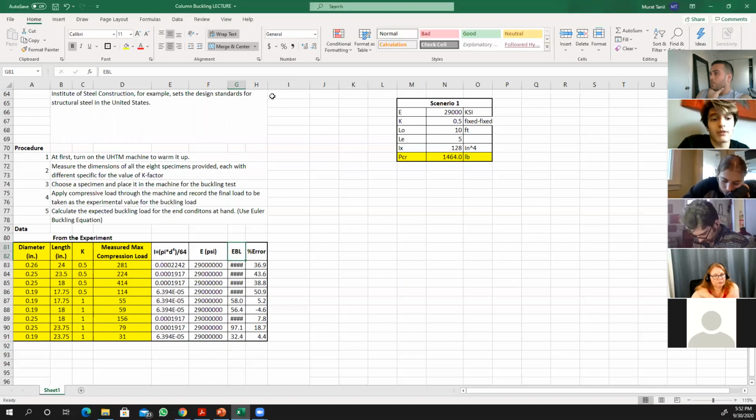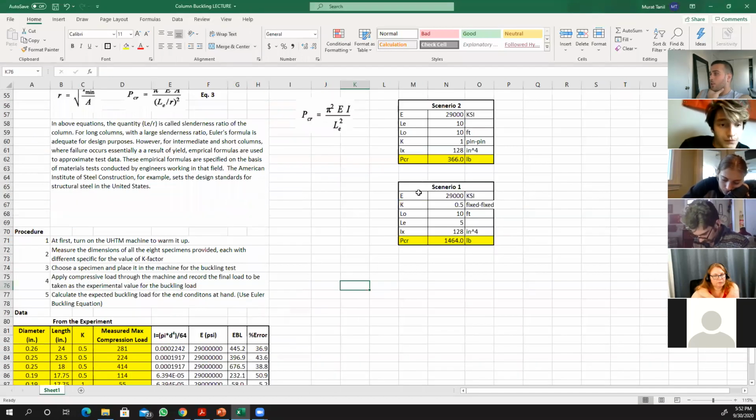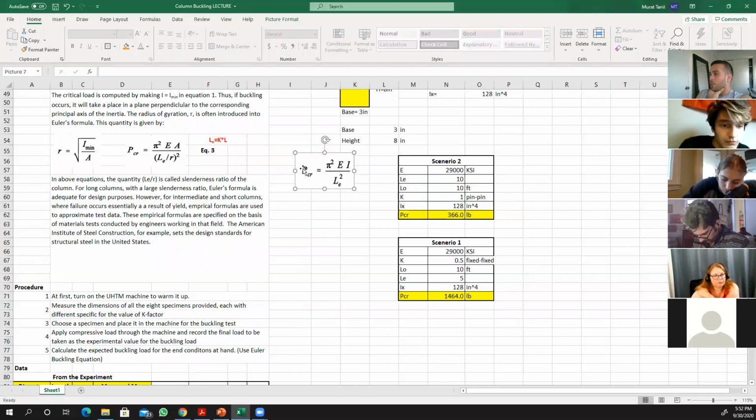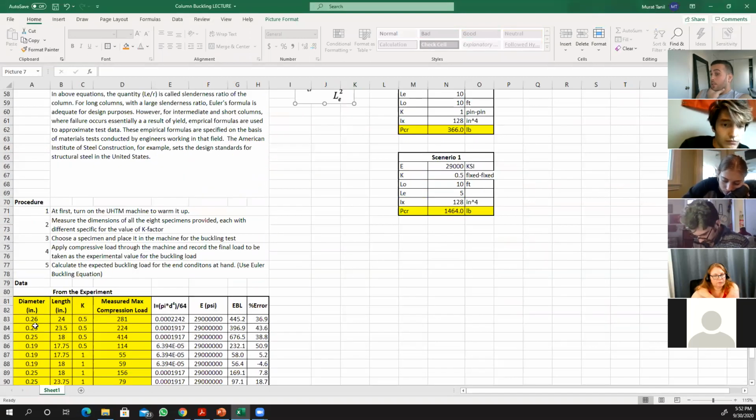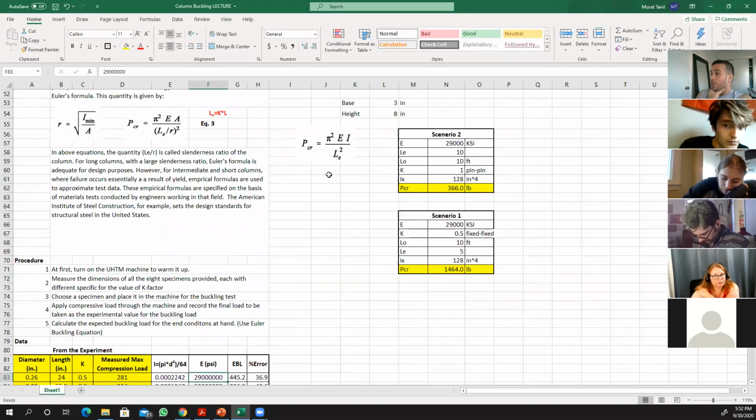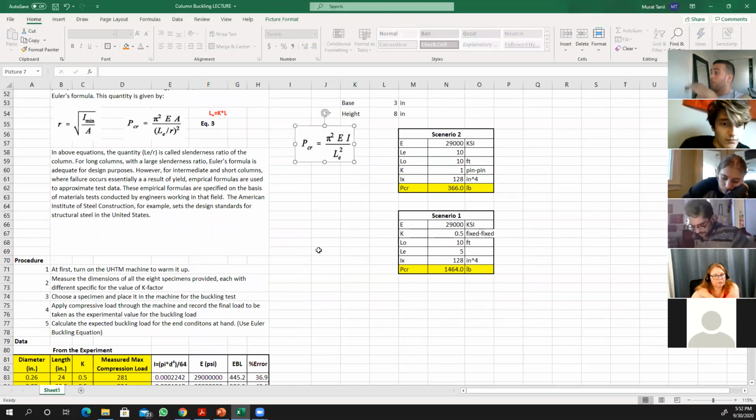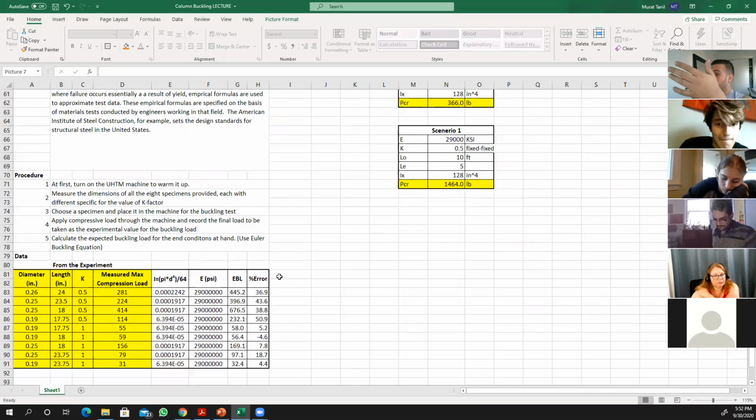That's as soon as it buckles. I showed you guys how to calculate the EBL, elastic buckling load, with this equation, right? So if I know the diameter, if I know the length, if I know the K value, and if I know the modulus of elasticity, nothing is holding me back from calculating the P critical. But this is a theoretical number. I have to compare this number with the experiment and see how it differs.